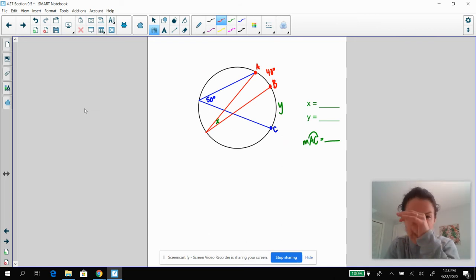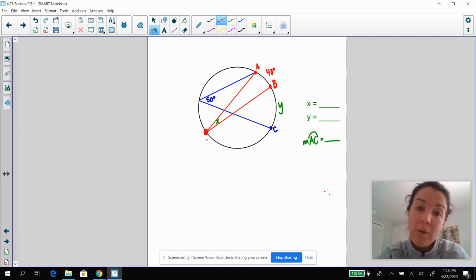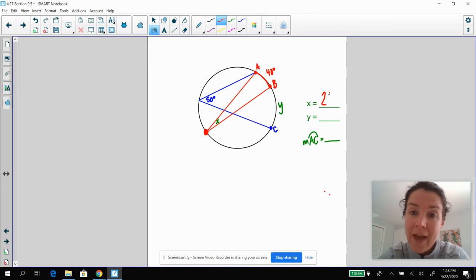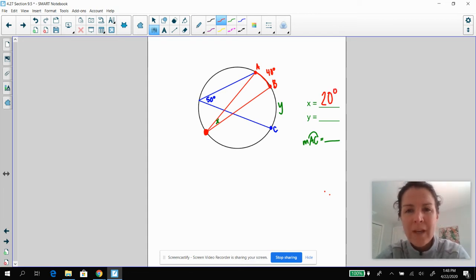So let's look here. I want you to solve for x, y, and then the measurement of arc AC. So pause the video, try it. Okay, we're back. So let's start with x. If I look at x, its vertex is on the circle, so I know it's an inscribed angle. If I follow the lines of x, I see that it intercepts this arc, that's 40 degrees. So x is going to be half of that, which is 20. So now let's look at y. Well, y is a little funky here.